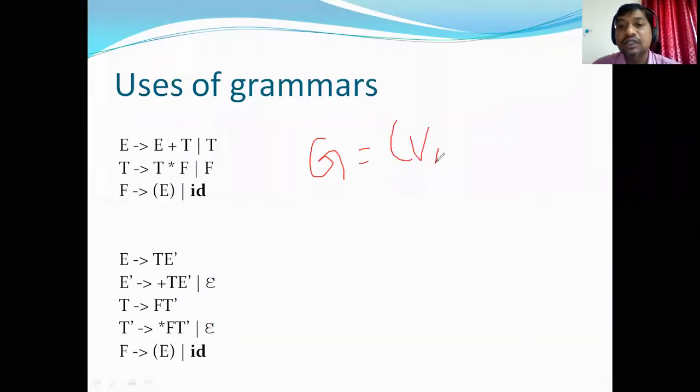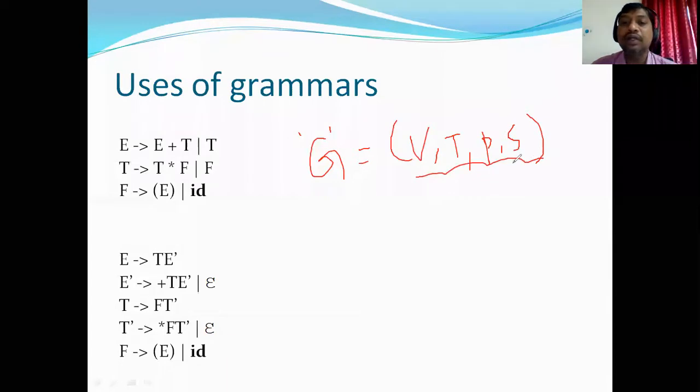There are 4 components which describe the formal grammars. So Vijayawada Thermal Power Station, that is how we can remember it. Usually grammars denoted with capital G are described with these 4 terms.